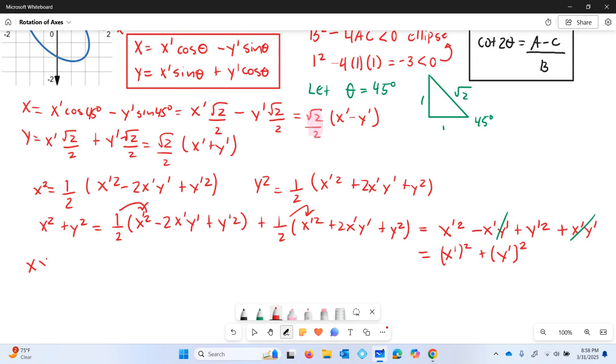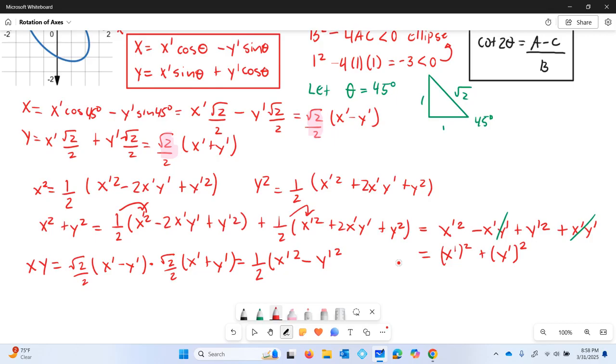You're going to take these two and multiply them. So xy is equal to root 2 over 2 times x prime minus y prime, multiplied by root 2 over 2 times x prime plus y prime. When we multiply it, you should end up with 1/2 times x prime squared minus y prime squared.